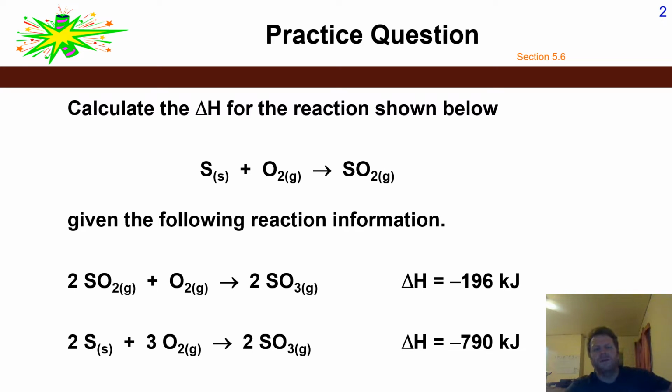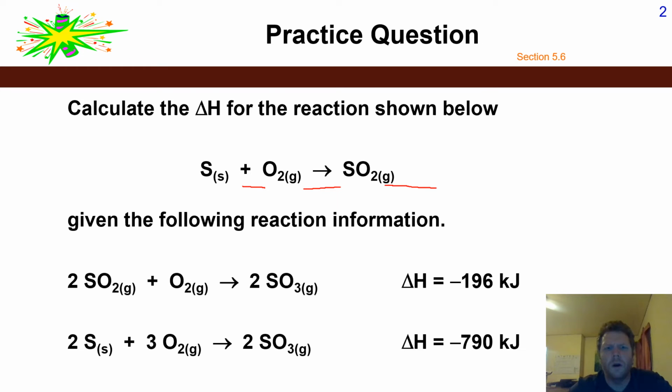Now, what on earth do we do here? This tells us to calculate the delta H for the reaction shown below: S, sulfur, as a solid, plus O2 gas yields SO2 gas. Then we're given two different partial reactions.